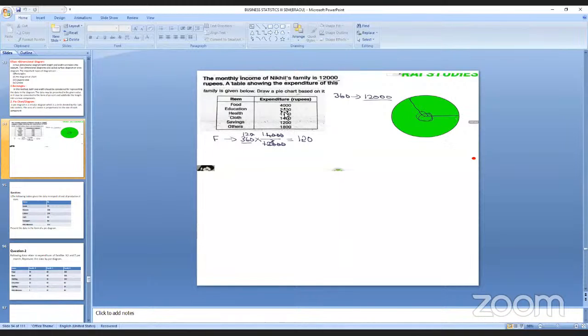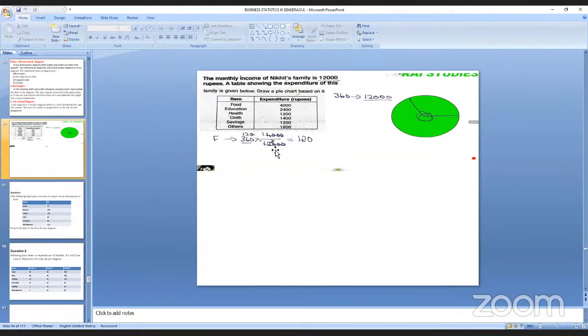Food is 4,200, education 2,400, health 1,200, cloth 1,400, savings 1,200, and others 1,800. So here 360. First you have to take the total. Got my point? The complete total is 12,000.